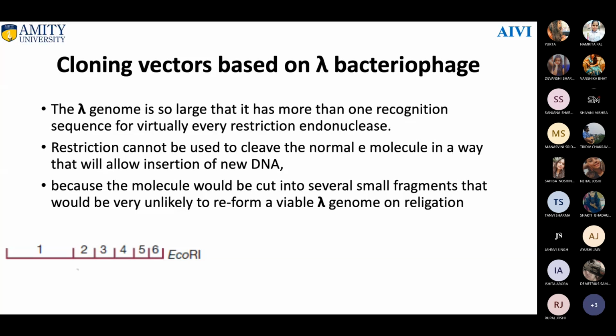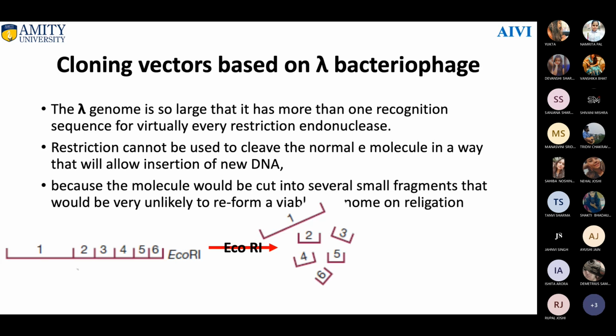One, the size is so large that you have to search for regions which you can remove. Second, where you find unnecessary restriction sequences, those also you have to remove, so that while using it for cloning, one enzyme should produce only one cut, or if it produces two cuts, then only when you want to remove the segment. We need to keep that in mind while developing a bacteriophage-based vector.